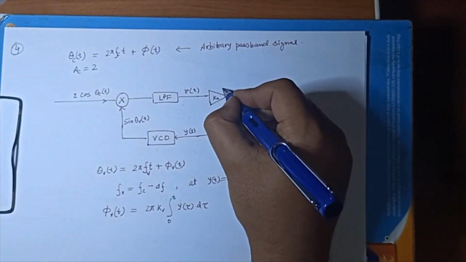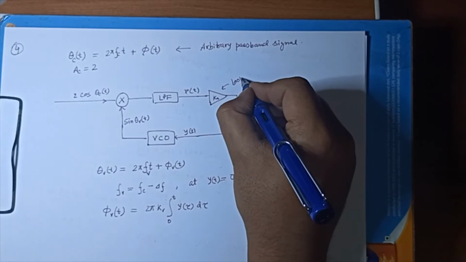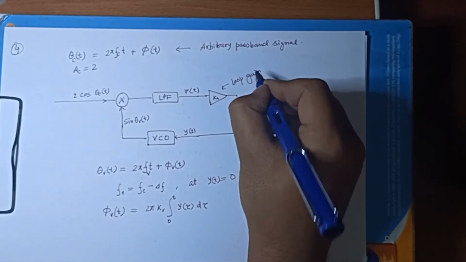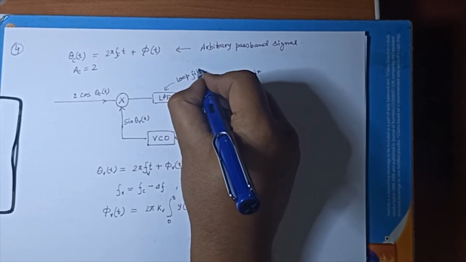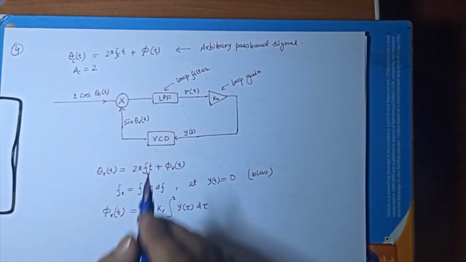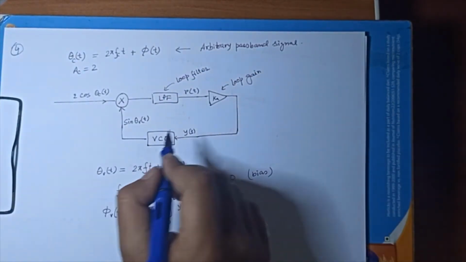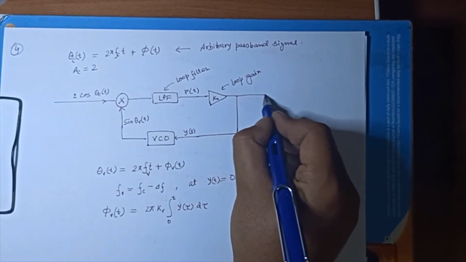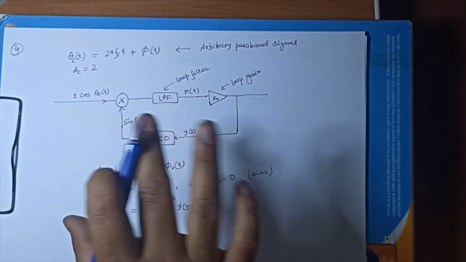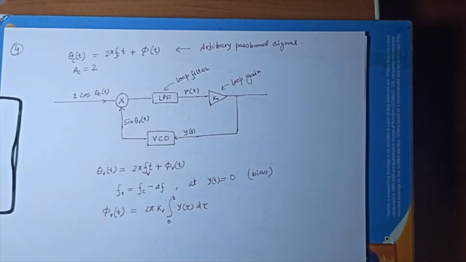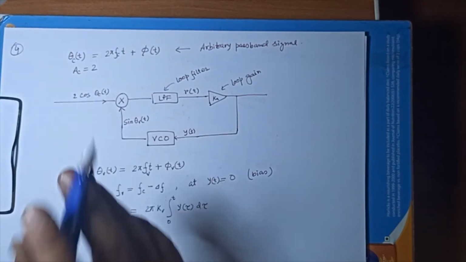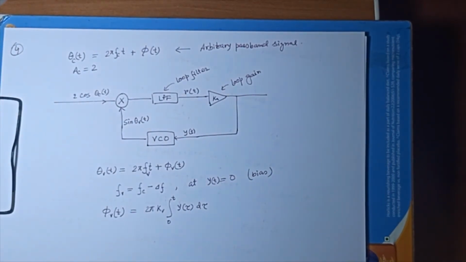This is called the loop gain K_a. This is called the loop filter. And this is called the voltage controlled oscillator. So this entire thing is called the phase locked loop, and this will essentially show you that the voltage controlled oscillator output will lock its frequency and phase with the input signal. I'm showing you that.